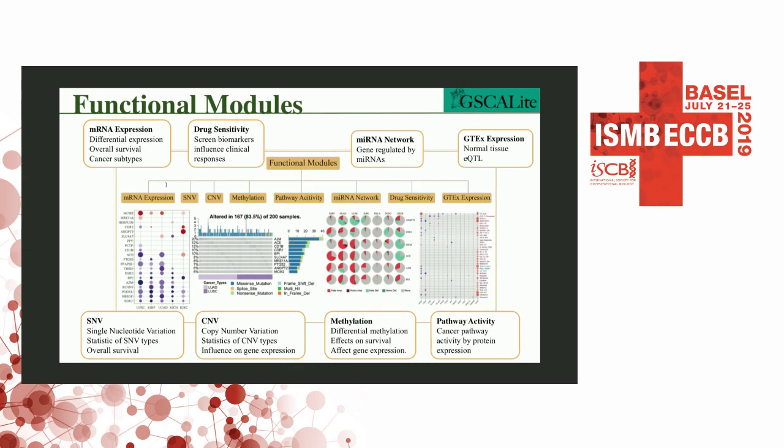Based on this data, we developed 8 modules for gene set analysis from multiple aspects, including the mRNA expression modeler, which calculates the differentially expressed genes, and assesses the relationship between gene expression and the overall survival and the cancer subtypes. And the single nucleotide variation, copy number variation, and the methylation modelers explore the genomic changes and their influence on prognosis and gene expression.